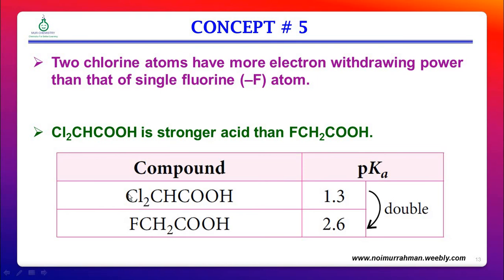I mean to say that it will have more -I effect as compared to a single fluorine atom. So as a result, its pKa value is less. That means dichloroacetic acid is a strong acid as compared to monofluoroacetic acid. You can see that it is almost double. It's double the pKa. That means it will be half of the acidic strength of dichloroacetic acid.